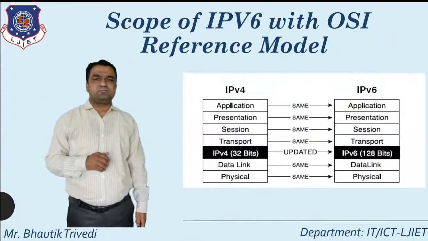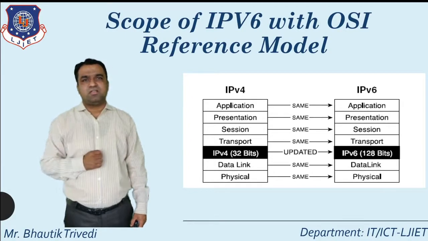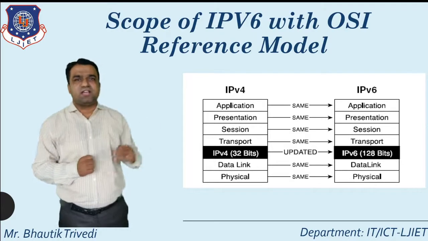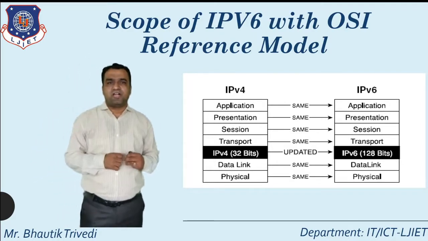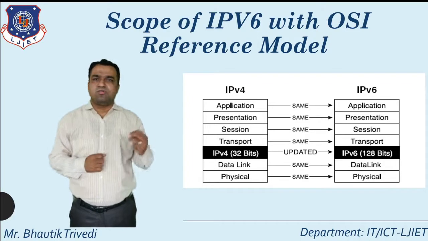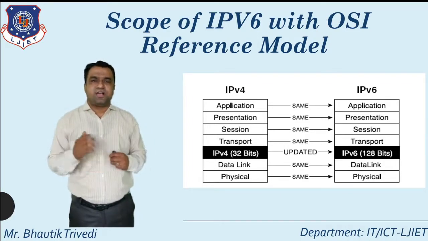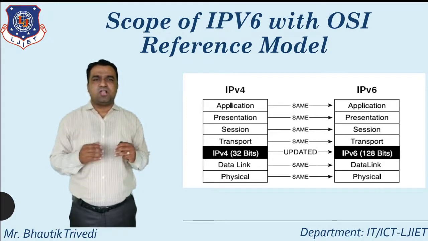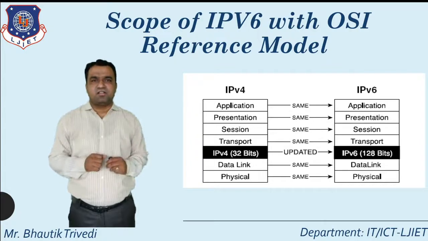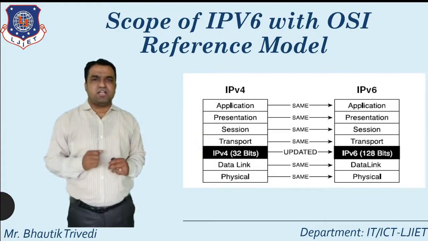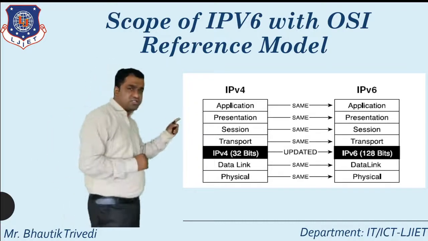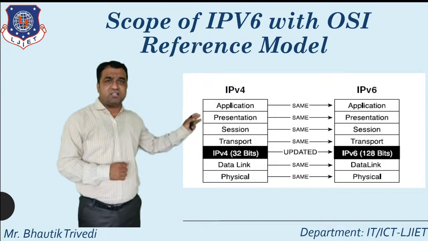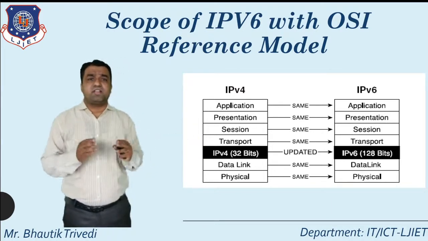After that, what's the scope of IP? Whenever you talk about the scope of IP with the OSI reference model, all of you know that in networking there are mainly two models: one is the OSI reference model and the second is the TCP/IP model. In OSI, the total number of layers is 7. The bottom layer is the physical layer, then the data link, and the third layer is the network layer.